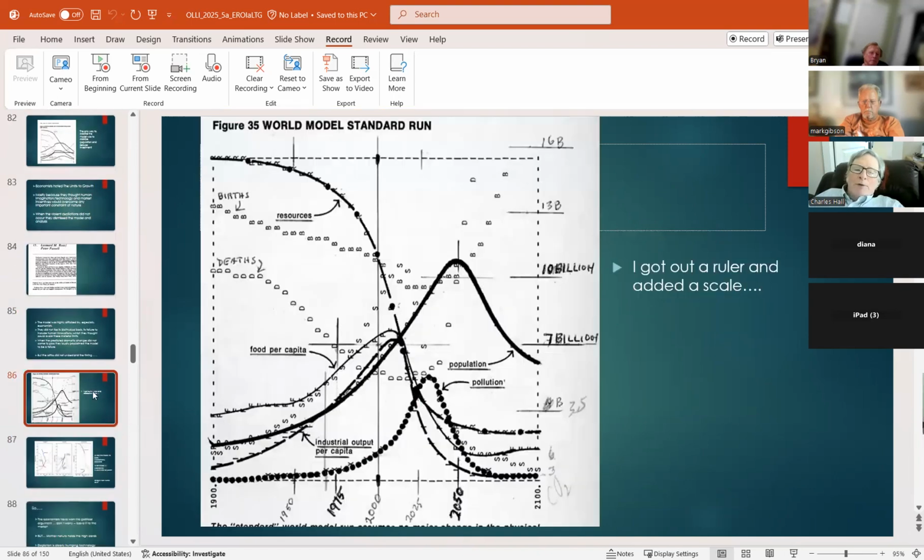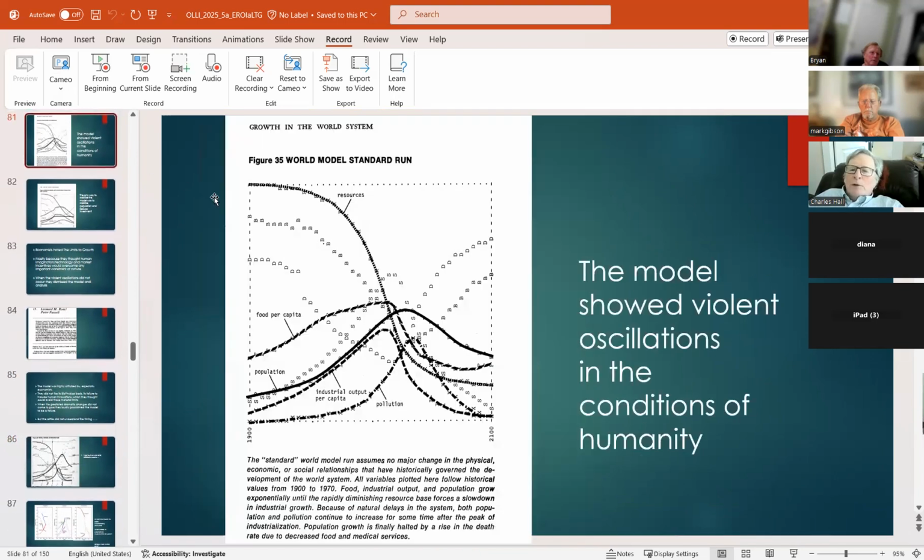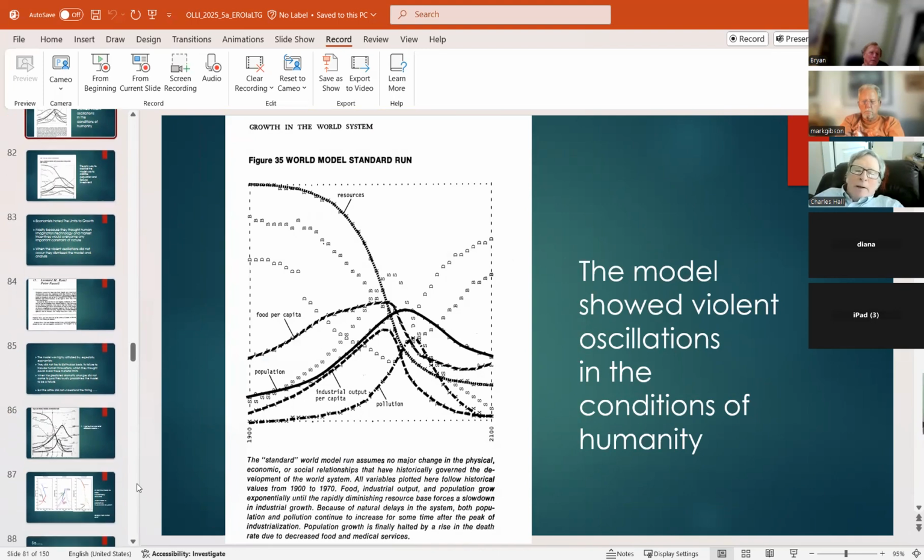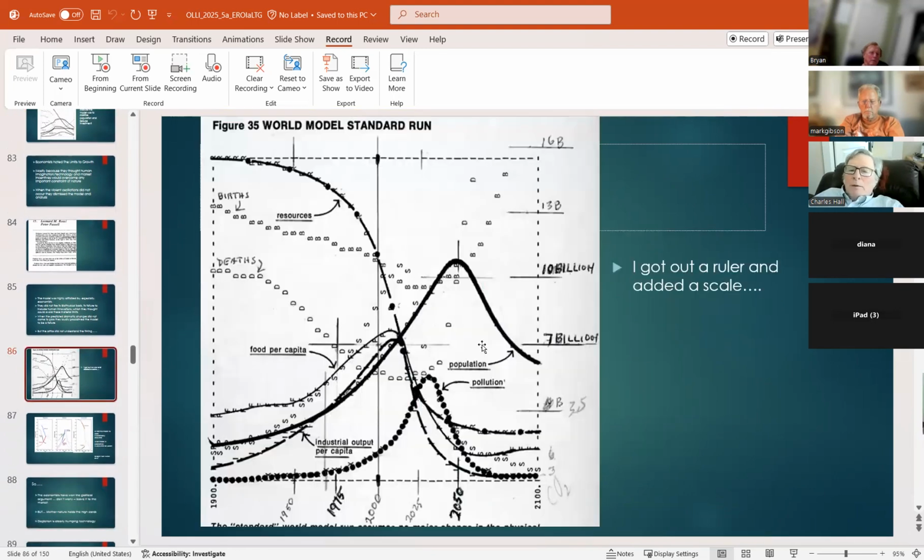But a problem with this original assessment, if we go up here and look at the original, you see they have 1900 and 2100 here. Everybody who didn't look very carefully at the timing thought the impacts were going to happen right away. And in fact, they were not.